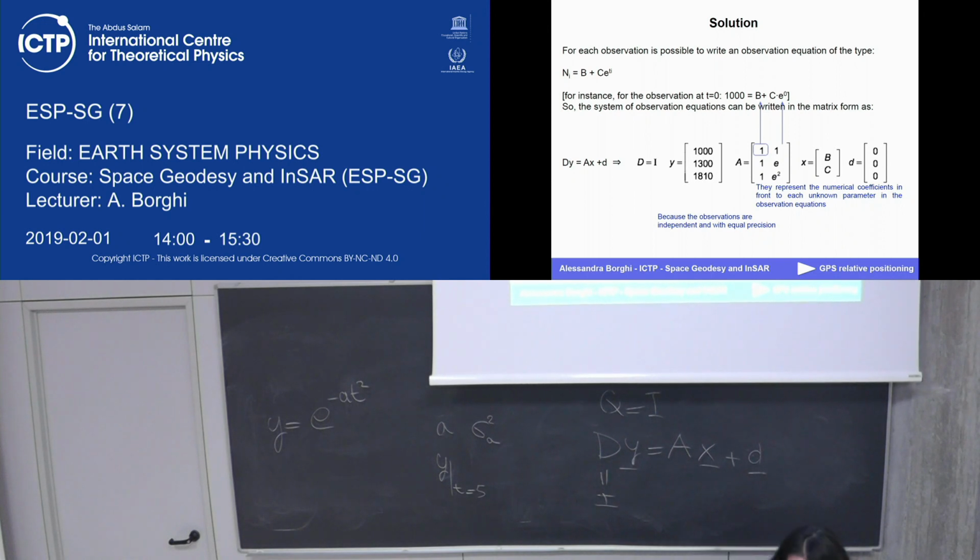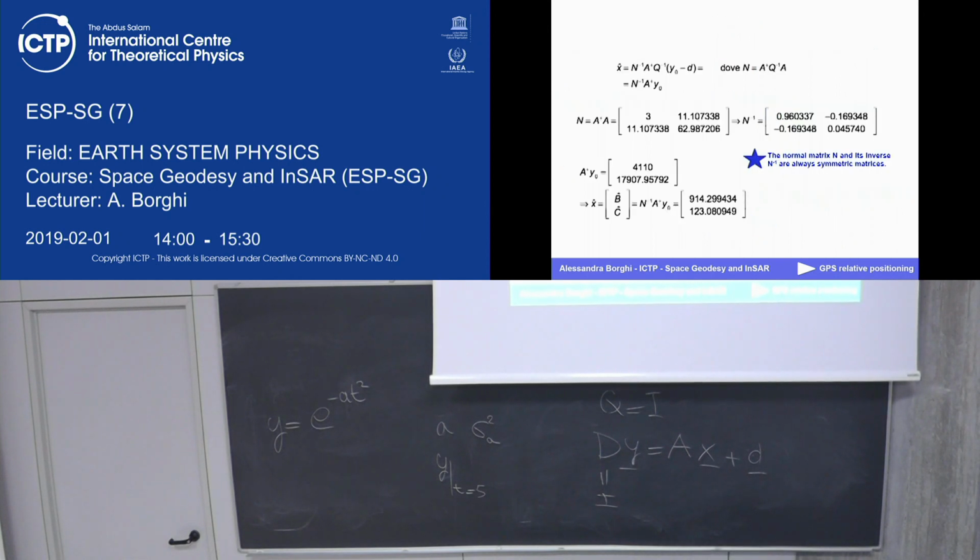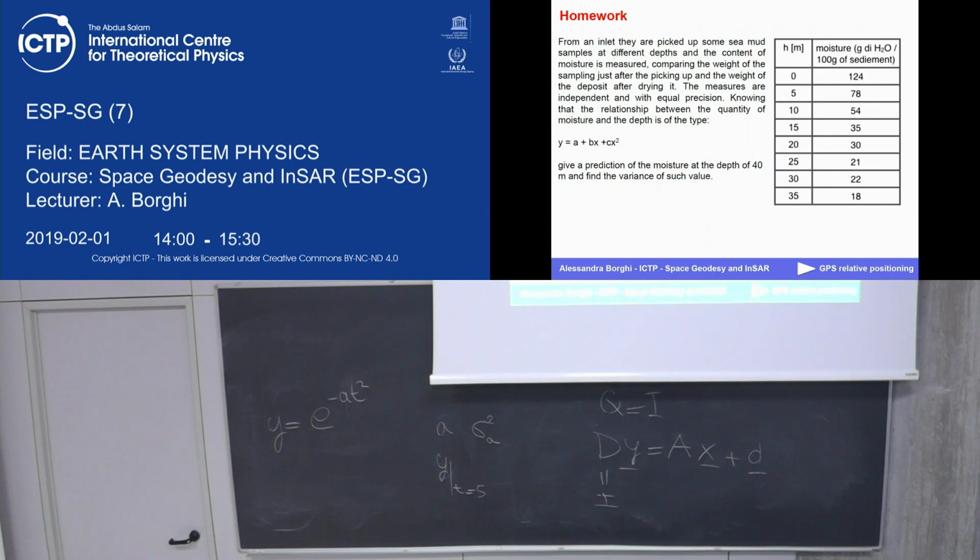After that you can use a different code. I give you a homework, so it's very easy. You can do it with Excel or with MATLAB. I think you can use MATLAB or Octave. I don't know if you have MATLAB on your laptop.